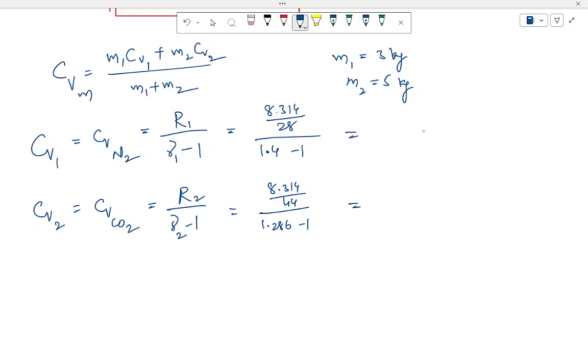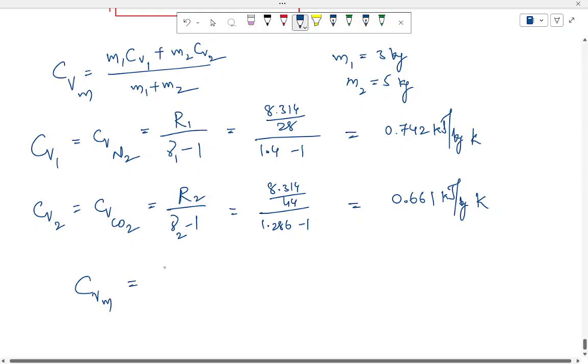If you calculate, you will get the Cv1 as 0.742 kilojoule per kg Kelvin, and the Cv2 as 0.661 kilojoule per kg Kelvin. So that is the Cv1 and Cv2 value. So now you have everything for the Cv of the mixture.